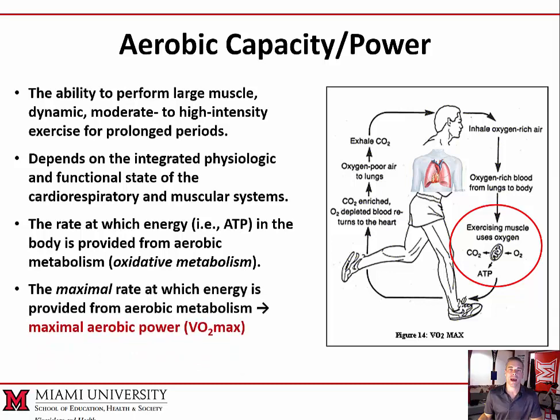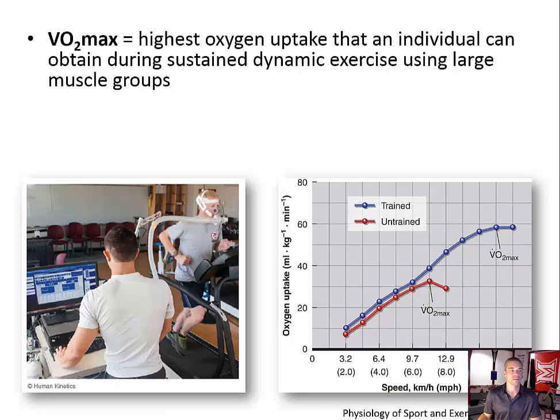Now, if we talk about the maximal rate at which energy is provided from aerobic metabolism, we call that maximal aerobic power, or more commonly, VO2 max. So VO2 max is the gold standard measure of aerobic capacity, aerobic power, and represents the highest oxygen uptake that an individual can obtain during sustained dynamic exercise using large muscle groups.